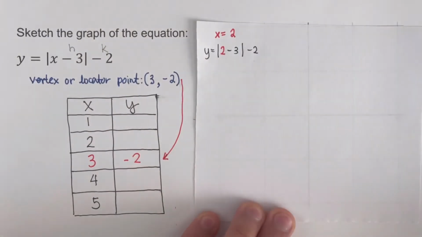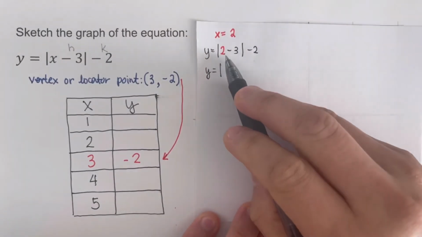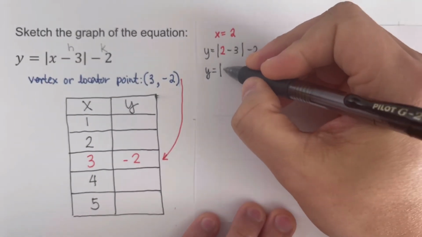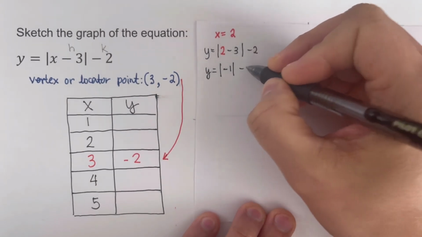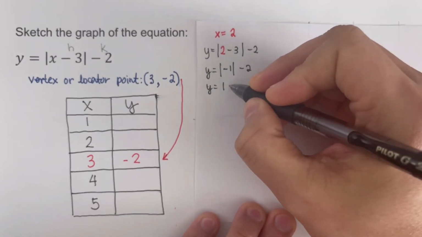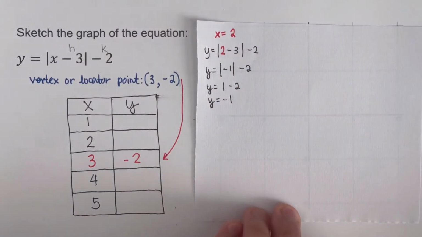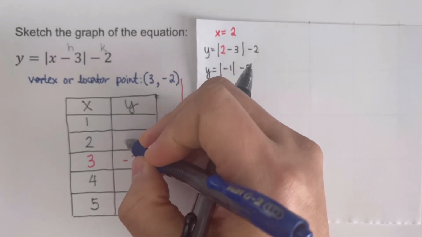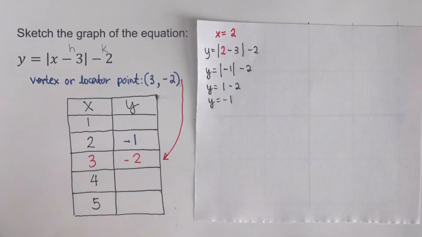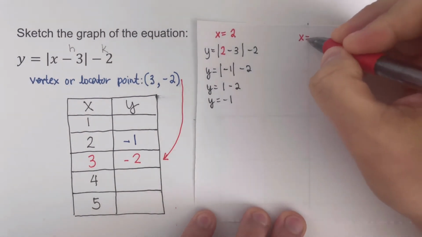So this would come out y equals the absolute value of 2 minus 3, which is negative 1, and then that's a minus 2. Absolute value of negative 1 is just 1. 1 minus 2 is negative 1. So this is the value that we have down here. It's negative 1.